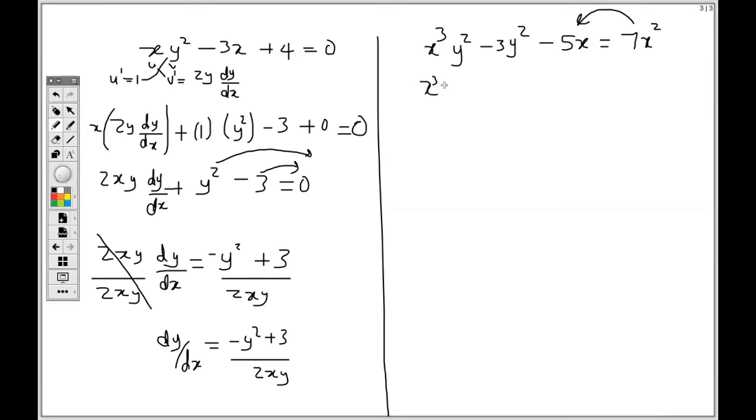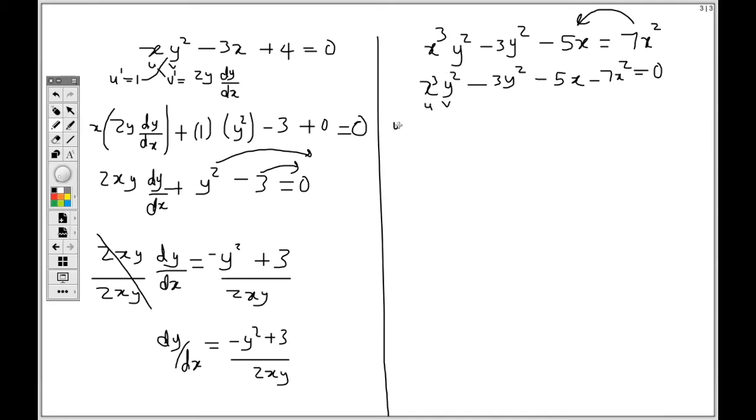So what do I have? I have x cubed y squared minus 3y squared minus 5x minus 7x squared equals 0.